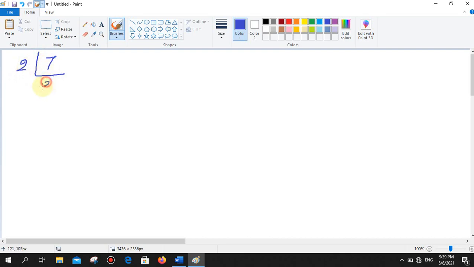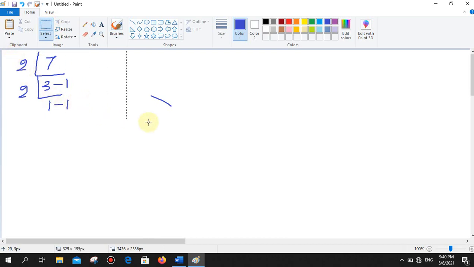So it will be 3 here, remaining 1, and after that if I divide this 3 by 2, the answer will be 1, remaining 1. You can understand. So we need 3 bits to represent this 7 in binary. 3 bits means, you can see here, there are 3 binary digits. Okay, that you should know.